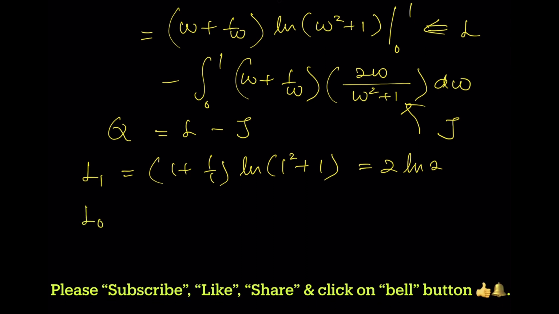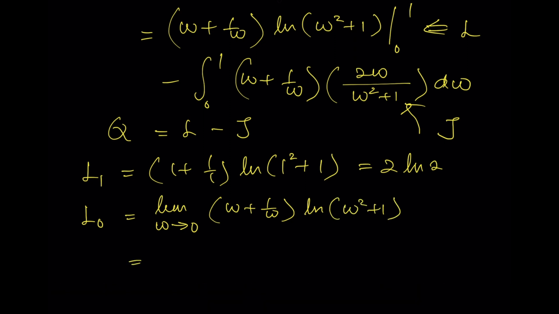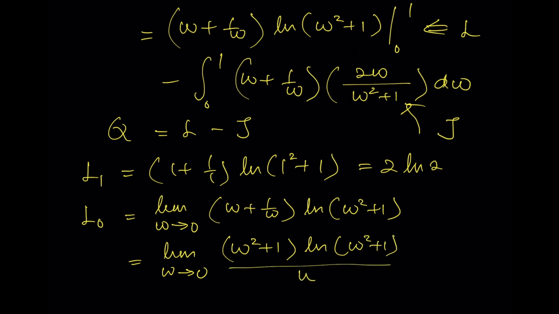Meanwhile, L0 equals the limit as W tends to 0 of W plus 1 over W multiplied by natural log of W squared plus 1. Further rewriting gives us the limit as W tends to 0 of W squared plus 1 multiplied by natural log of W squared plus 1, divided by W, which is equal to 0 divided by 0.